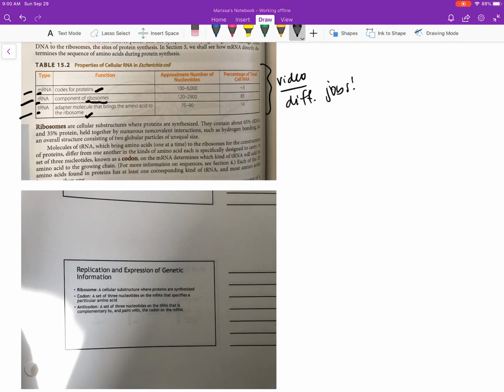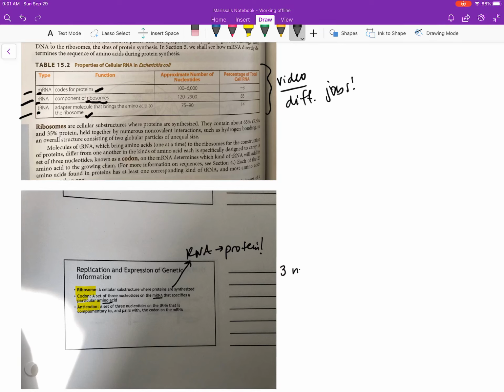Now, what is a ribosome? The ribosome is a cellular substructure where proteins are synthesized. So this is where RNA becomes proteins, which was that last step. And with that, we're going to have two different things, a codon and an anticodon. A codon is a set of 3 nucleotides on the mRNA that specifies a particular amino acid.